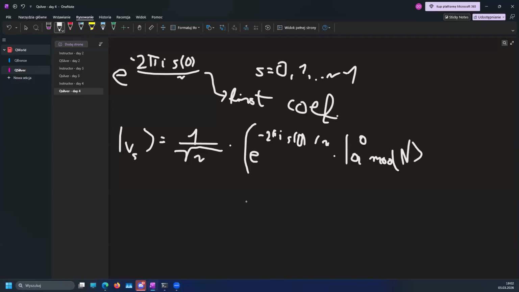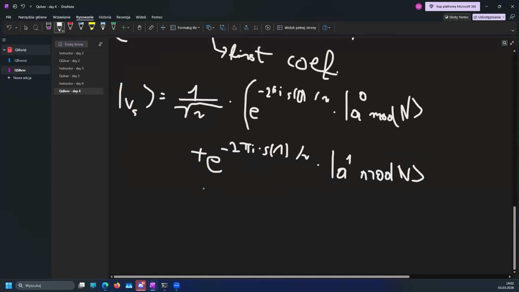So here we have our first qubit, then another qubit will be a bit similar, so minus 2 pi i, here s times 1, and this exponent divided by r, and here a to the power of 1 remainder of n. Yes, and so on and so on.